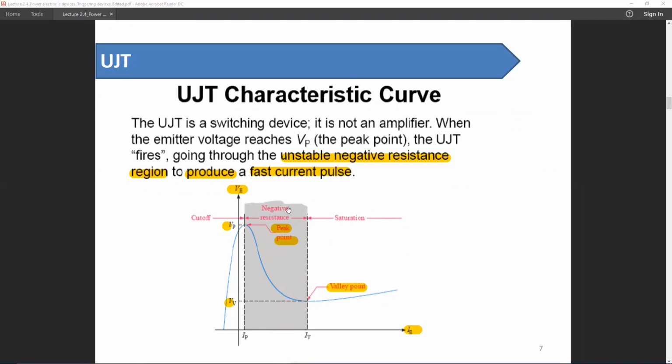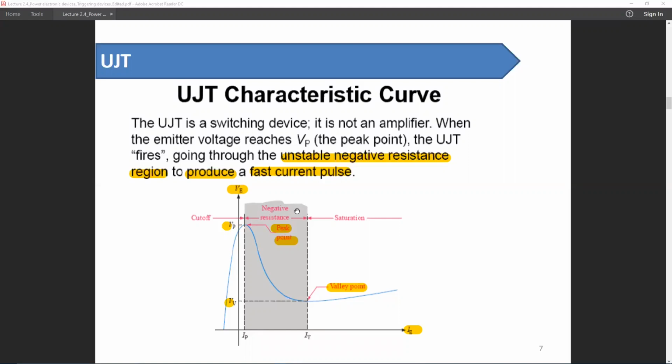The negative resistance region means the value of current increases with a decrease in voltage. Normally, in case of a positive resistance or positive slope of resistance, the voltage and current are linearly proportional. If current increases, so does the voltage.